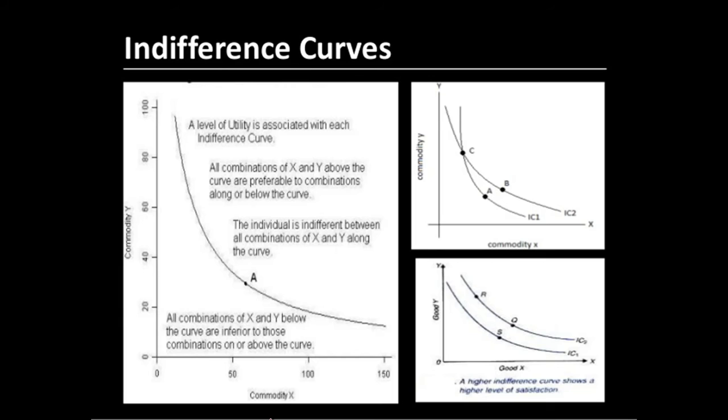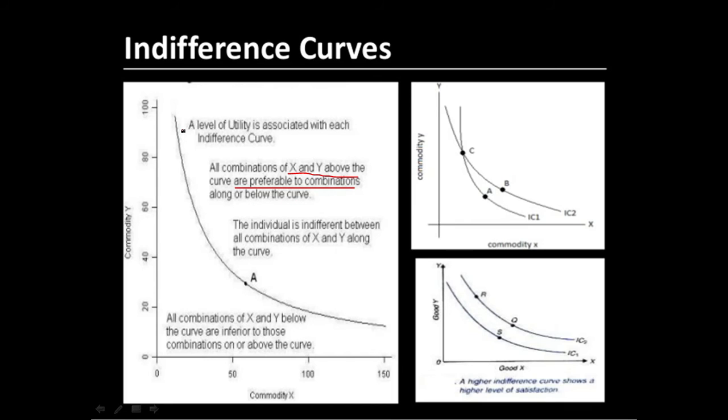So how does the indifference curve look? It looks like this. A level of utility is associated with each indifference curve. All combinations of X and Y above the curve are preferred to combinations along or below the curve.